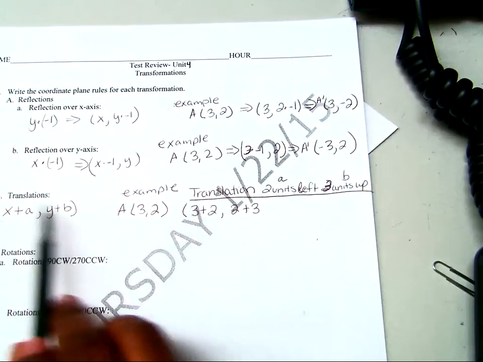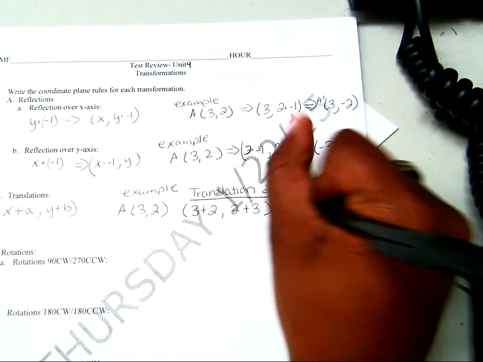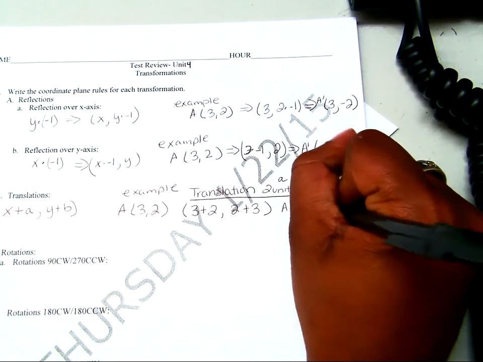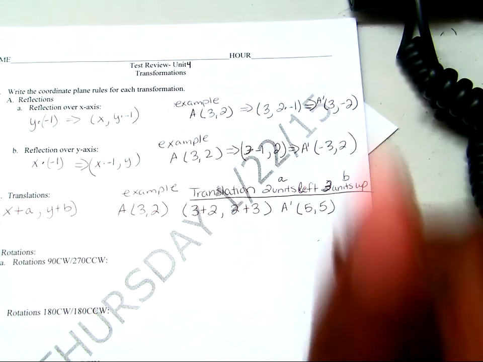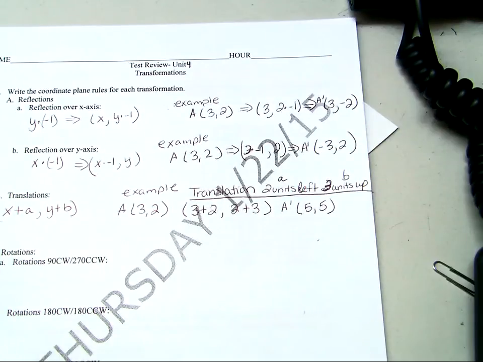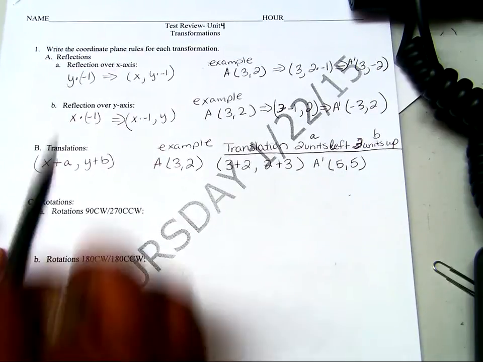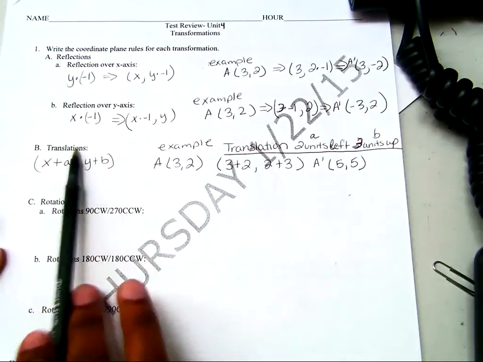That's my x, a, and then my A prime in this case would be (5, 5). Okay? So that is reflections and then translations.